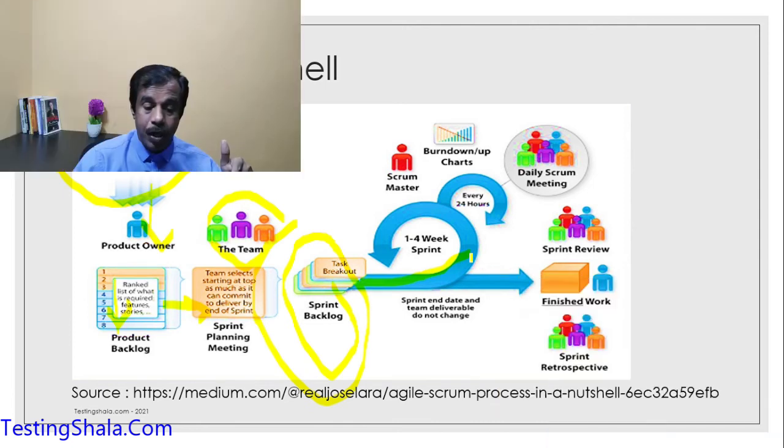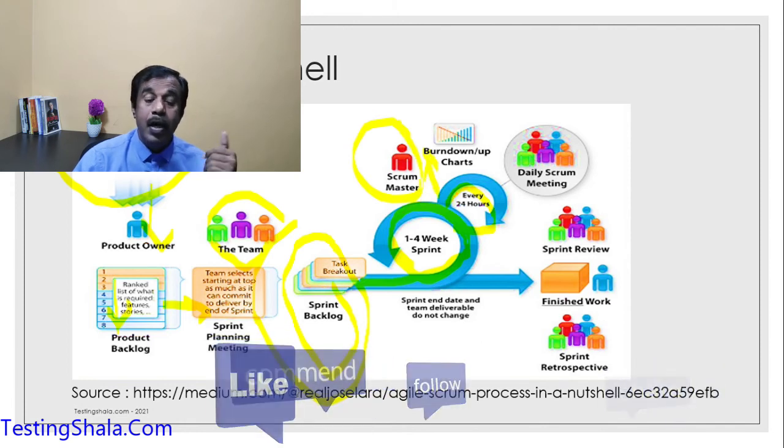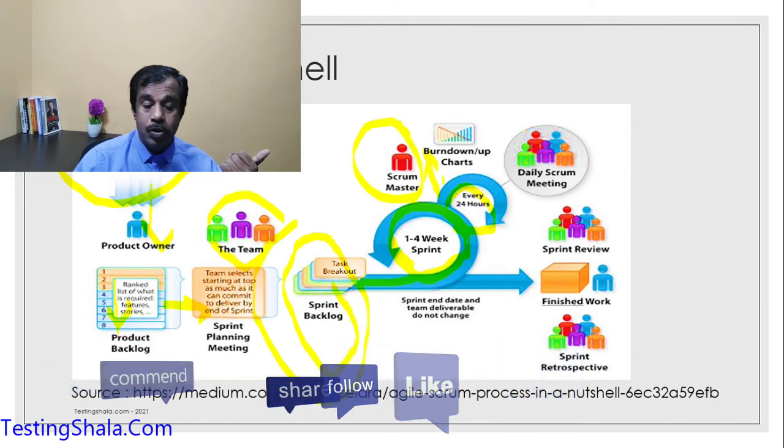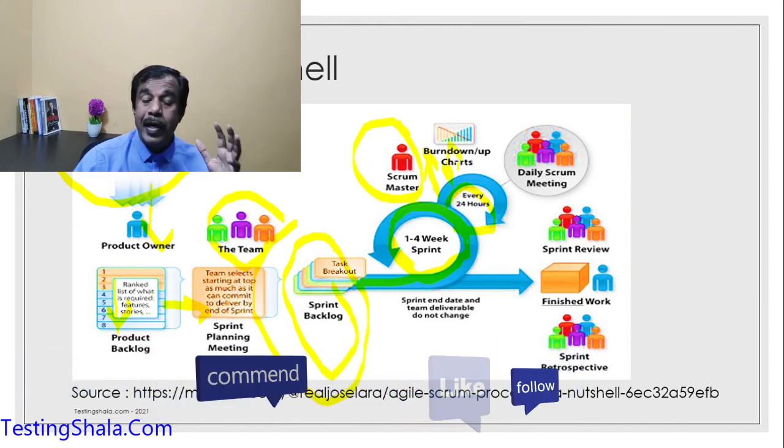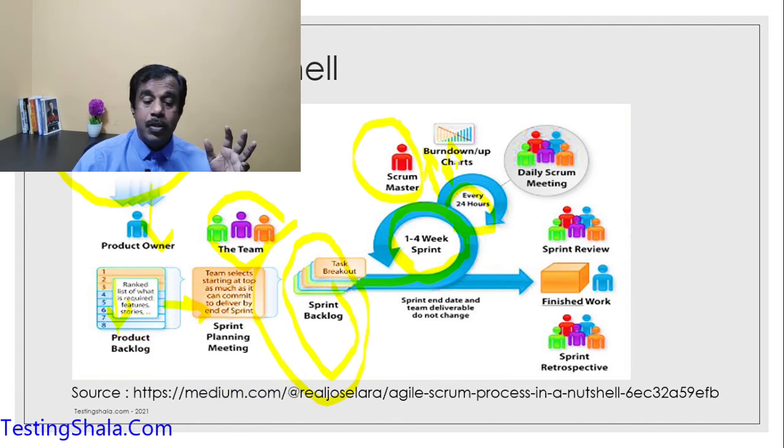This continues every 1 to 4 weeks based on the sprint timeline, and every day the Scrum Master has to update all the activities or tasks done by the team into the agile management tool, where we can get the burn down chart that is visible to all the stakeholders, who watch what is happening in a given Scrum team. There is also a daily stand-up meeting, driven by the Scrum Master on a day-to-day basis.